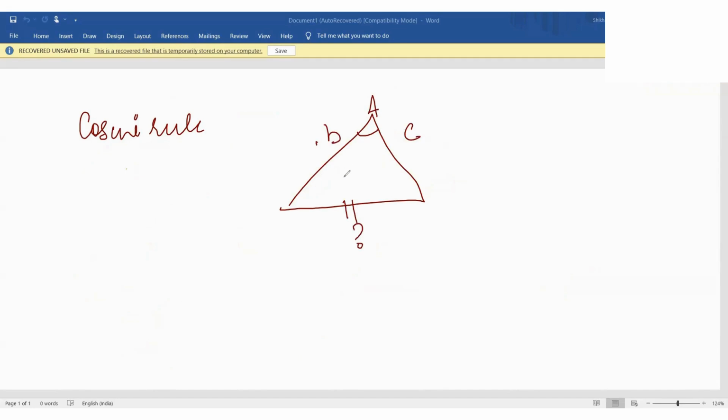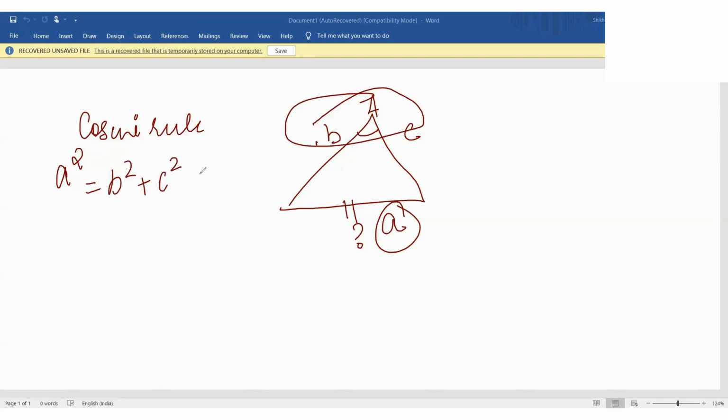You can apply the cosine rule. This will be your A side. The side which you have to find: A square is equal to B square plus C square minus 2BC cosine A. Do you remember this? Yeah, I remember this.